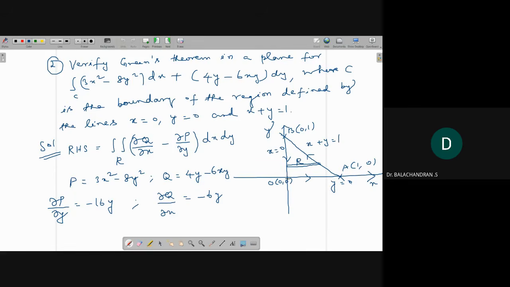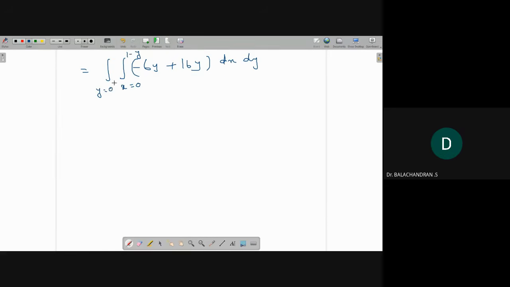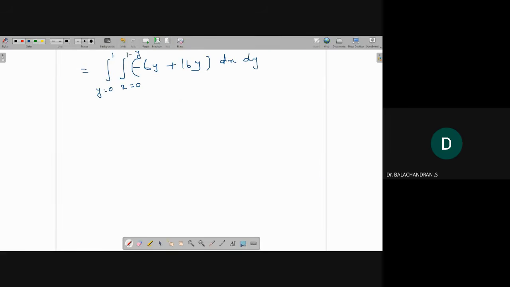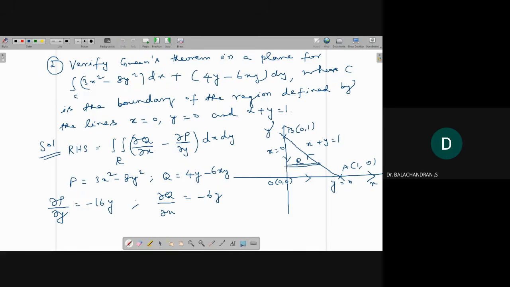If you move, then y varies from where to where? Jagdish? Yes, 0 to 1. The reason is, here x is equal to 0 to x is equal to 1 minus y, and you should move the strip.